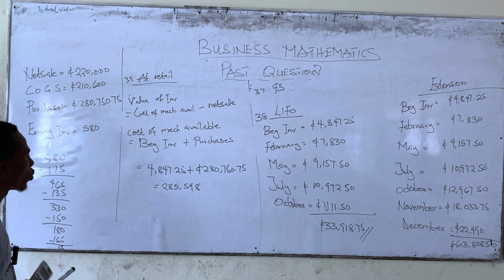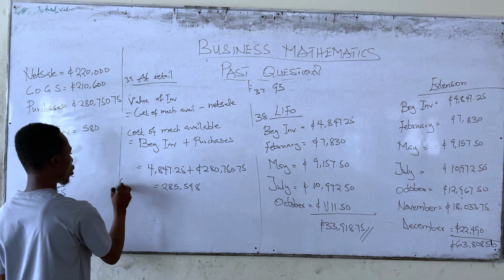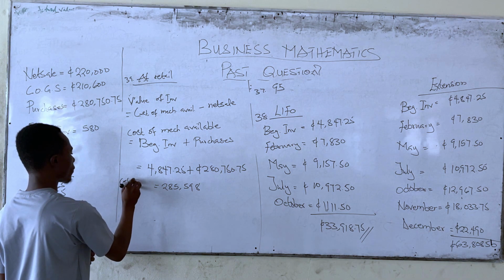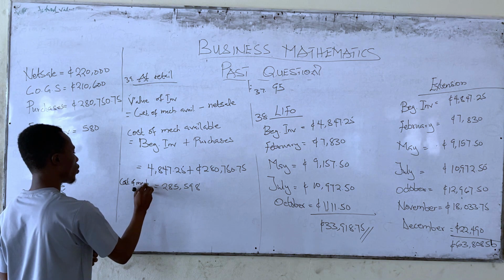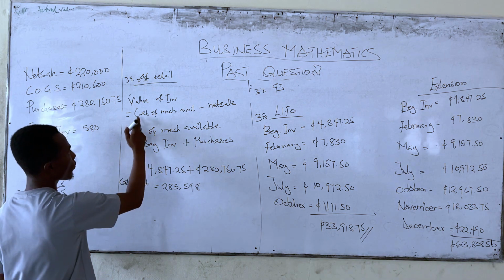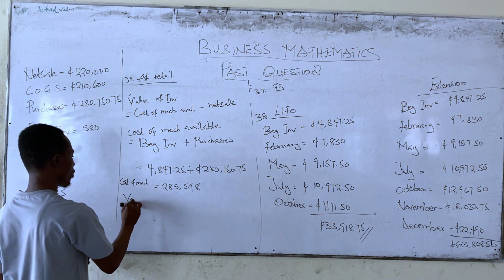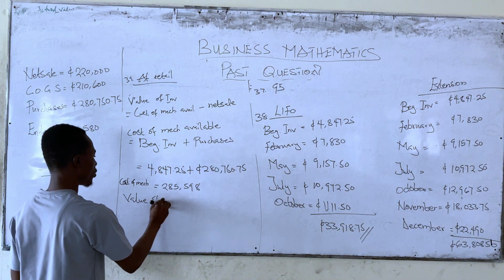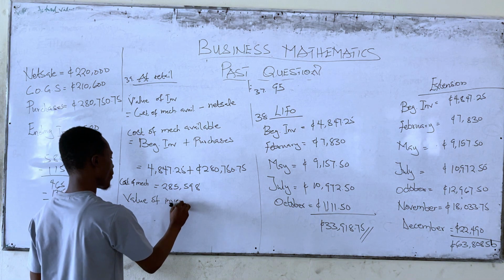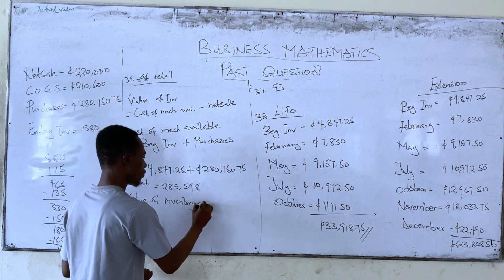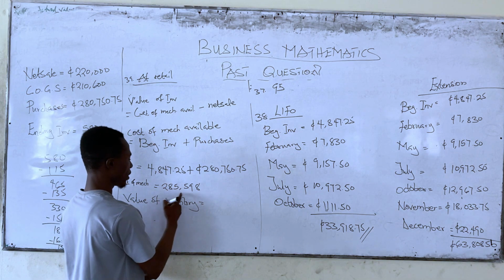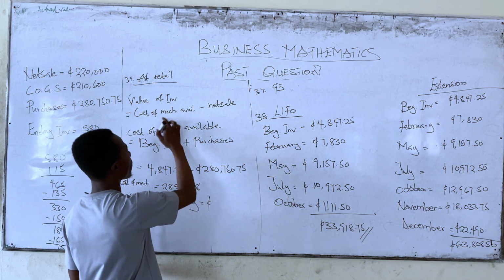Okay. So now since you have gotten your cost of merchandise available, now your value of inventory is the cost of merchandise available, right, from the formula.